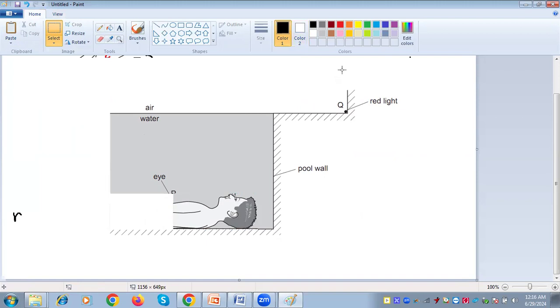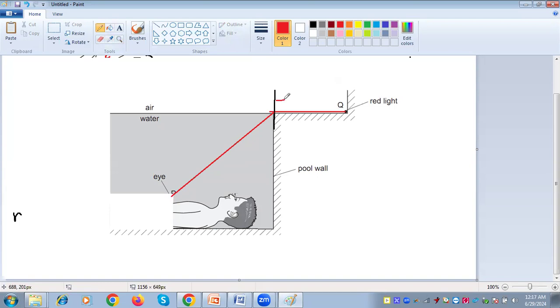Because this was red light and it was coming this way along the surface. What angle is it making with the normal? When you draw the normal at the point here, at the boundary, this ray will strike the point P at critical angle. Okay, so this angle will be C.